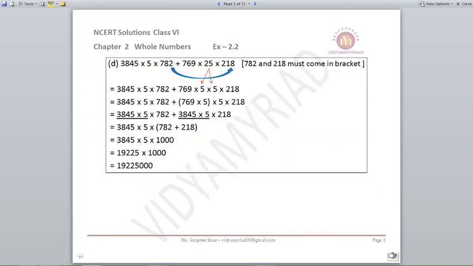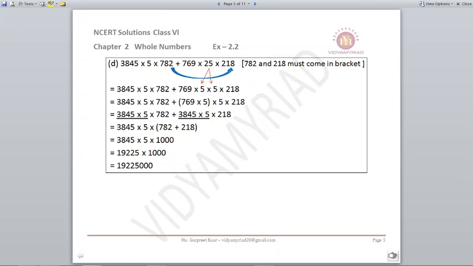D part. 3845 multiplied by 5 multiplied by 782 plus 769 into 25 into 218. Let's see what pairs can be made over here. If you look into both the parts, I see 782 and 218.